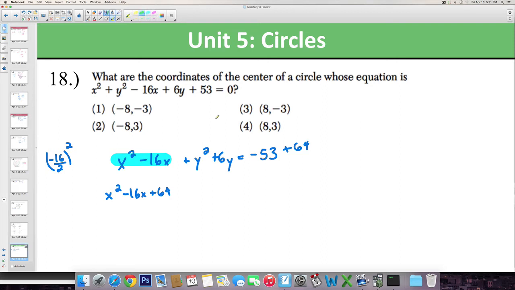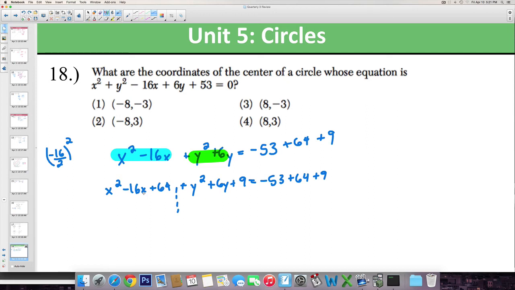Now let's look at the y's. So take half of 6 and square it. So 3 squared is 9. So we're going to add 9 to both sides. So negative 53 plus 64 plus 9.